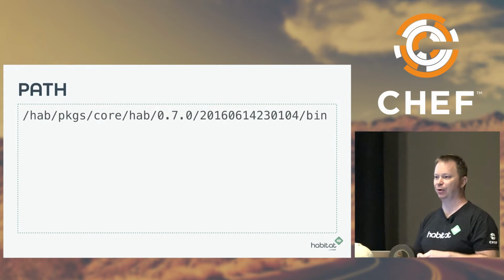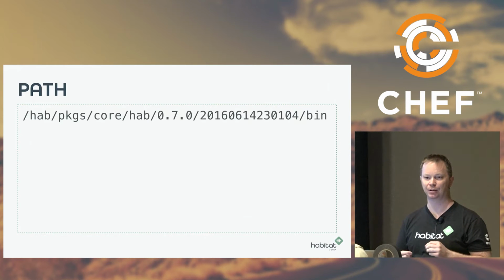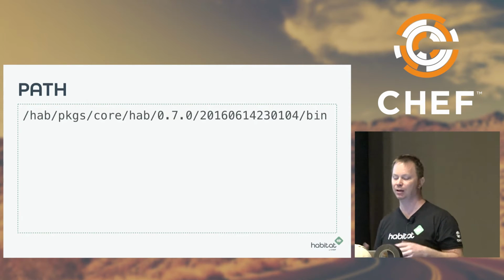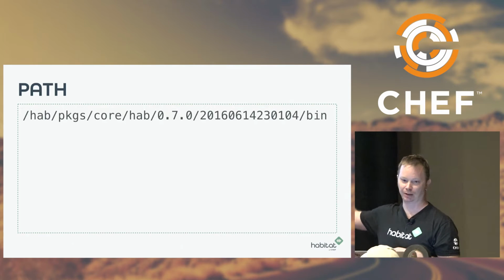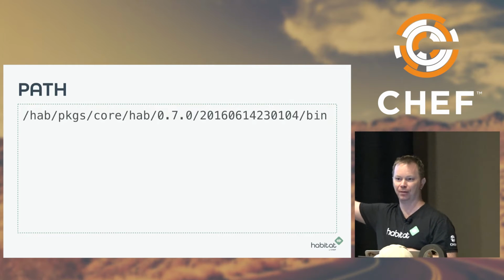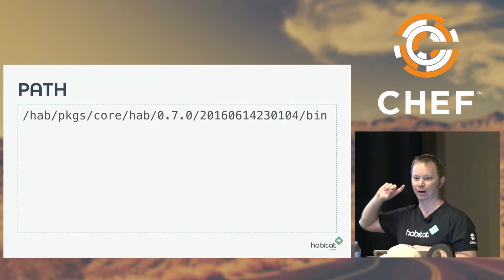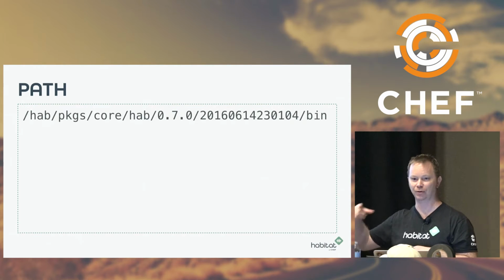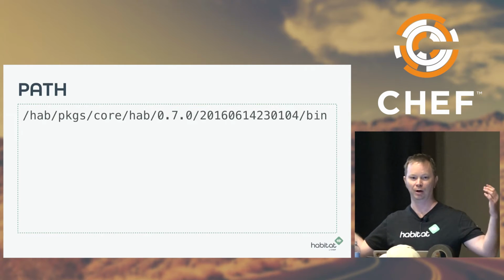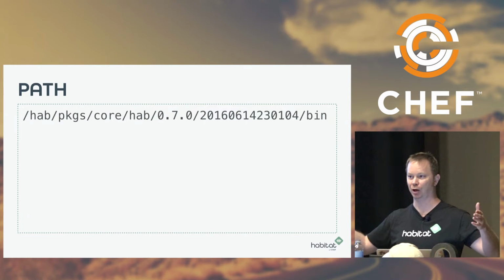Every package that you have that has binaries that you want to be able to run, you define where the binaries directory is going to be when the package is built. Usually it's bin, and it will automatically create a path file that when Habitat runs, it can load for the application. All the dependencies' path files are added to the path when a user logs in.